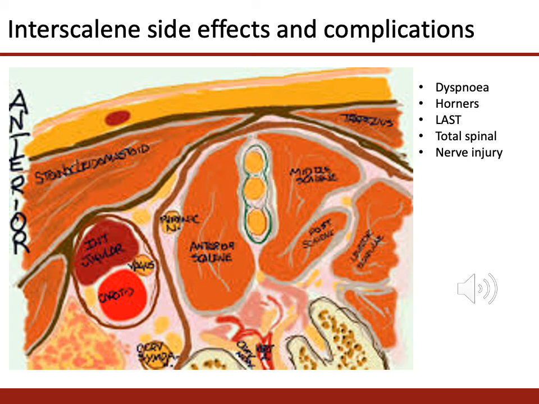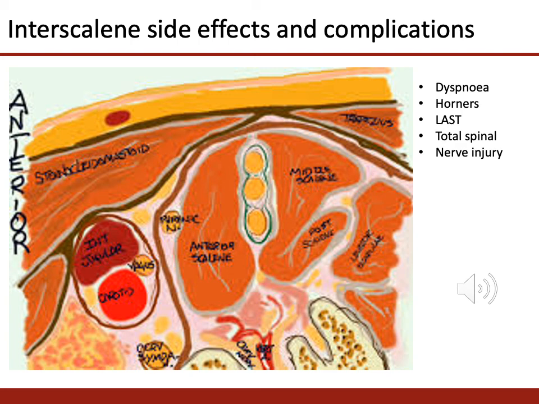So if we cycle back to our earlier image, which shows us the cross-section of the neck at the interscalene level, we can use this to predict all of the interscalene side effects and complications. The first thing to note is the phrenic nerve lies in very close proximity to the brachial plexus at the interscalene level.